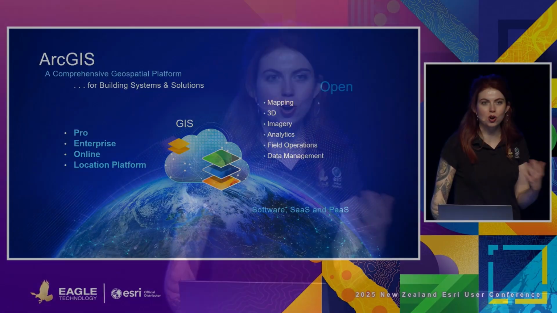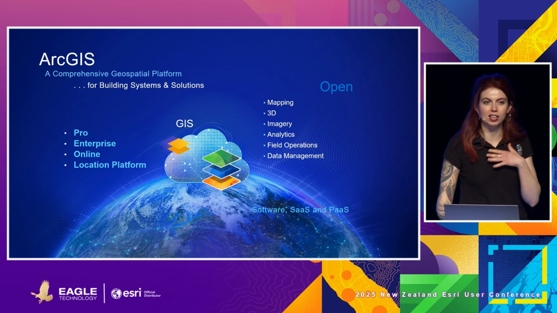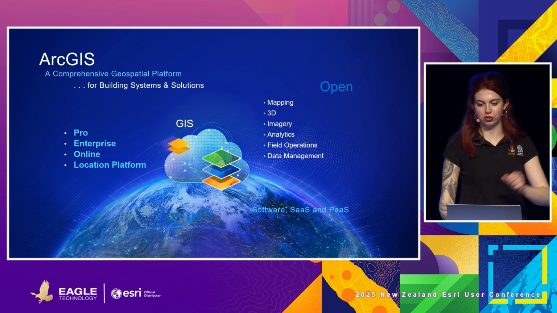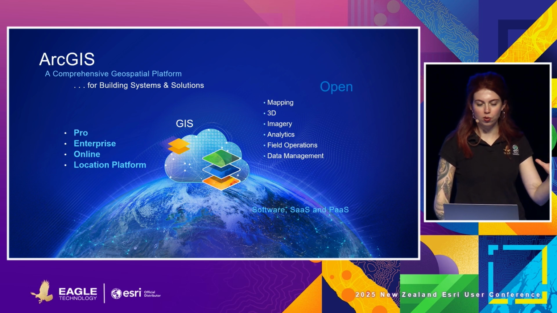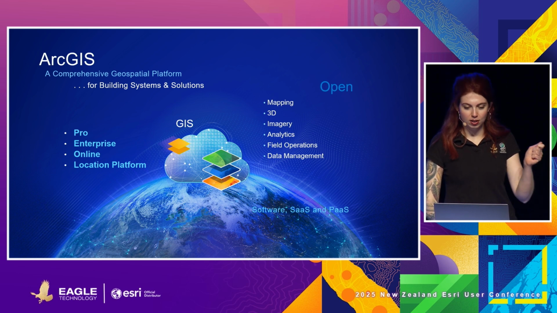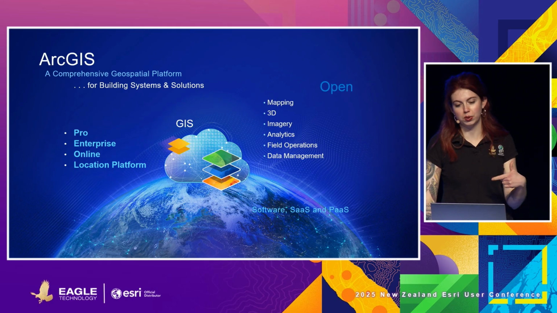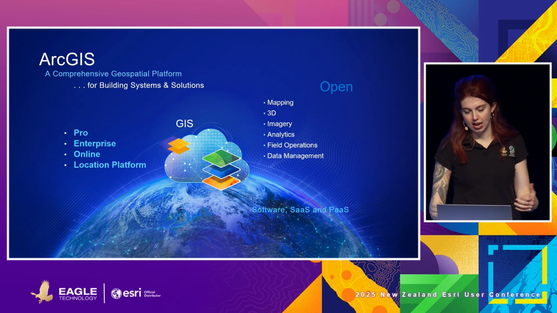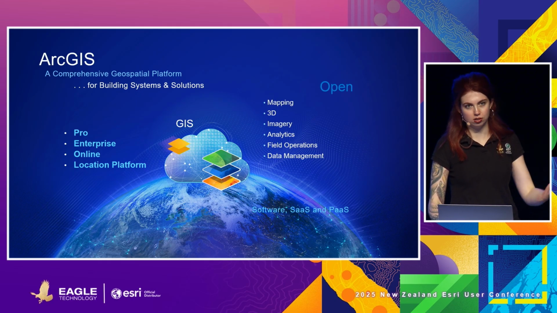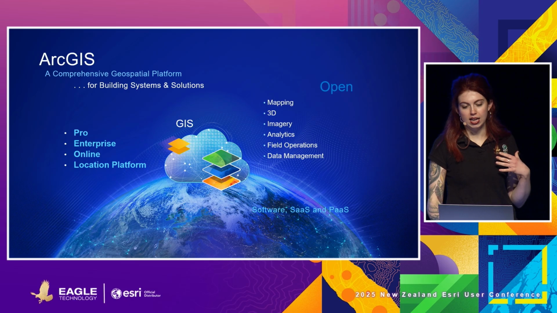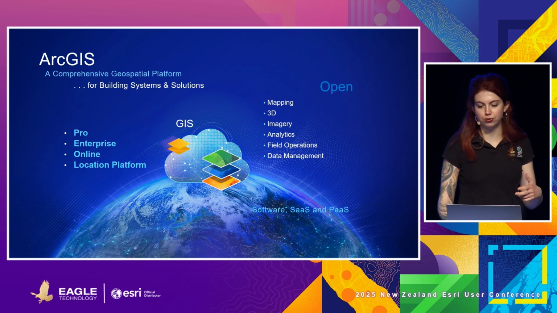For those of you who have no idea what Enterprise is, in like 20 seconds, let me just explain what it is. ArcGIS is built on four foundational components. We have Pro, we have Enterprise, then we have Online, and the developer-focused location platform. This allows users to deploy their software in their own or private cloud infrastructure.